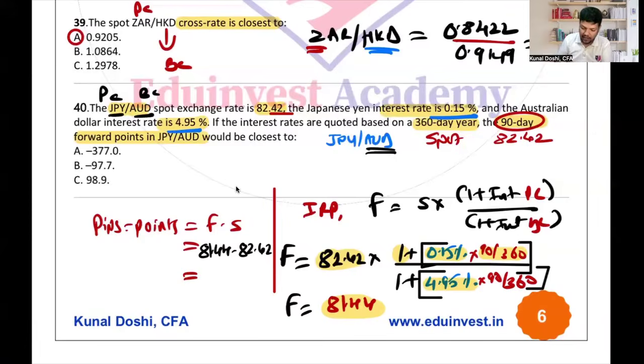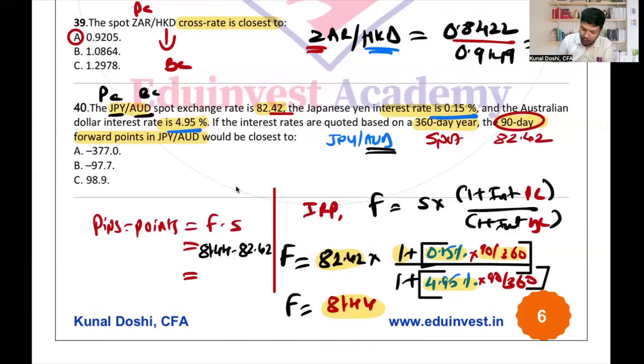81.44 in your calculator, right? Whatever answer you have, I suggest you keep it exact. What was the exact answer, everyone? If you keep the exact answer in your calculator, it is 81.4430. I suggest you store it, but you write here only two decimals.